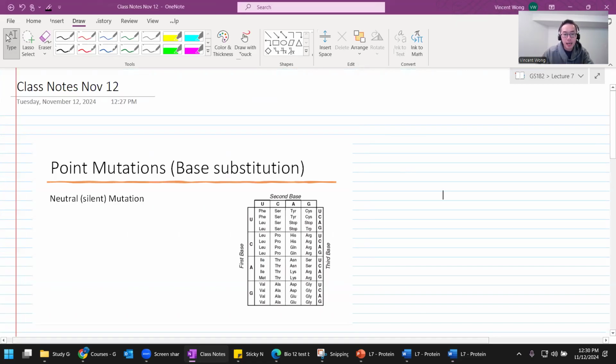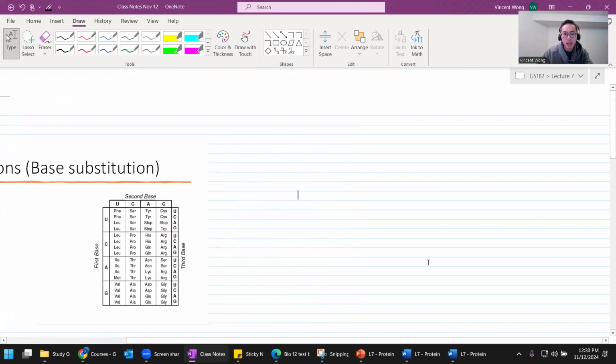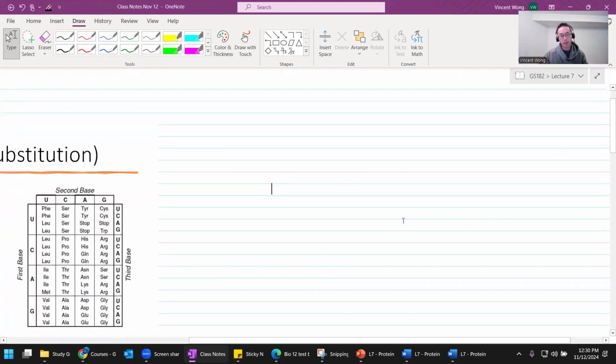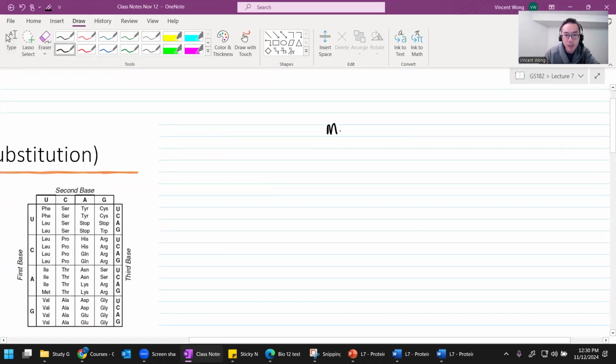So let's get started. We still have the last section of lecture 7 to go through, which is about mutation. So let's take a quick note here first. Mutation is basically a permanent change in your DNA sequence.